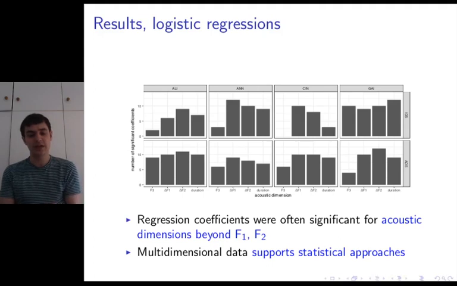What we can also examine is the regression coefficients. For each model and for each acoustic dimension, there were 14 potential categories that it could have identified instead of the reference level.